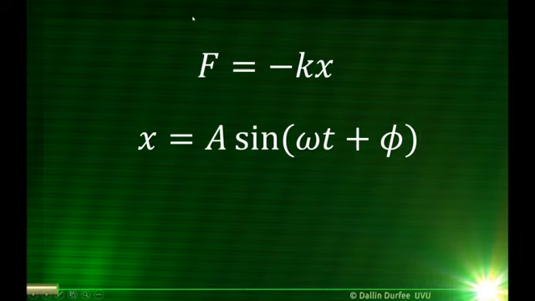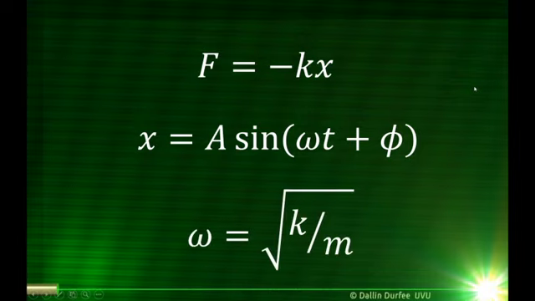if my force is Hooke's law, or if I have any system where the force is just minus some positive constant times the displacement from equilibrium, the solution for the motion is just a sine wave with an angular frequency of square root of k over m. So this omega here is the square root of k over m, and that's what we call the angular frequency, the number of radians per second in the oscillation.